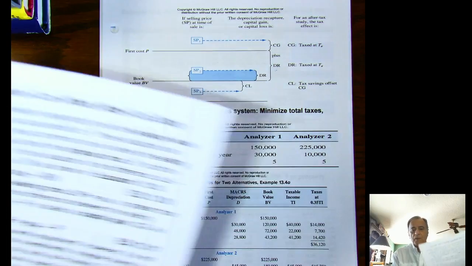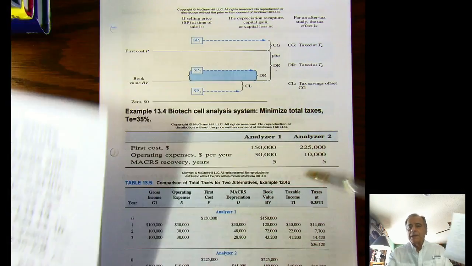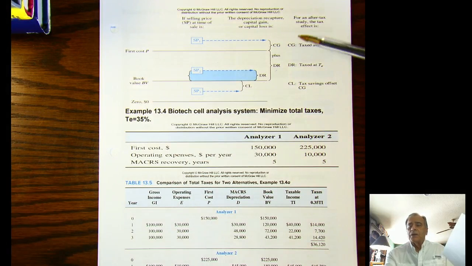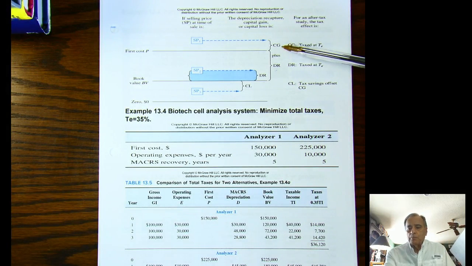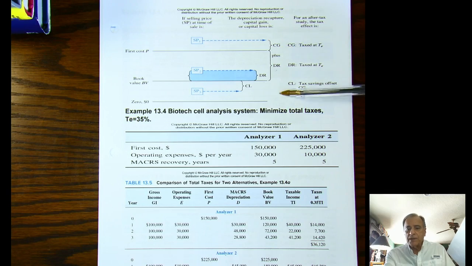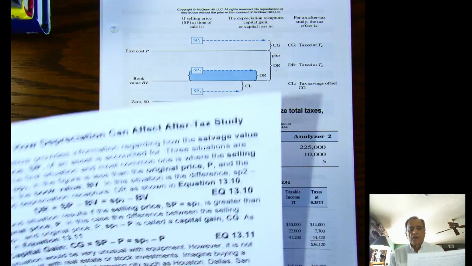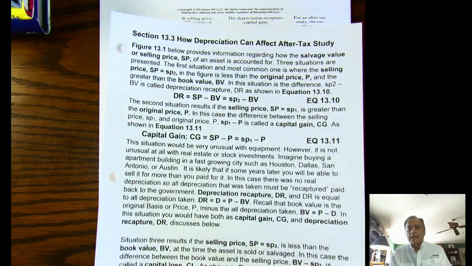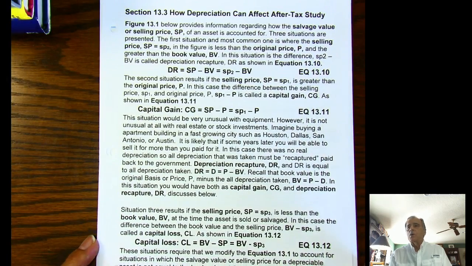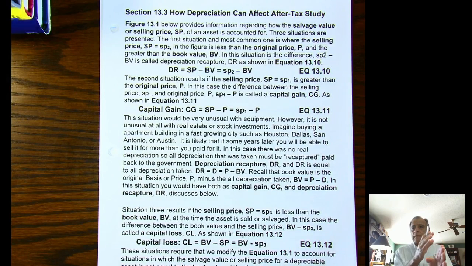And so those are the three things that we now have to use to modify the taxable income equation that we came up with at the very beginning of chapter 13. Recall that chapter just had the taxable income as the gross income minus the operating expenses minus the depreciation.